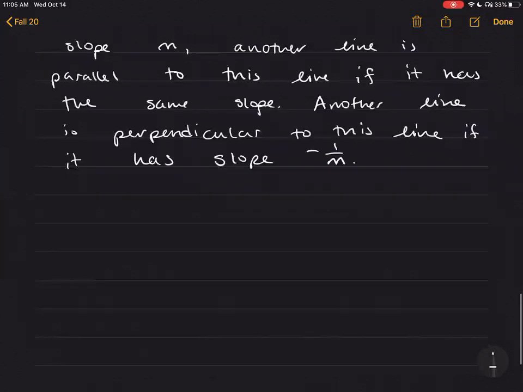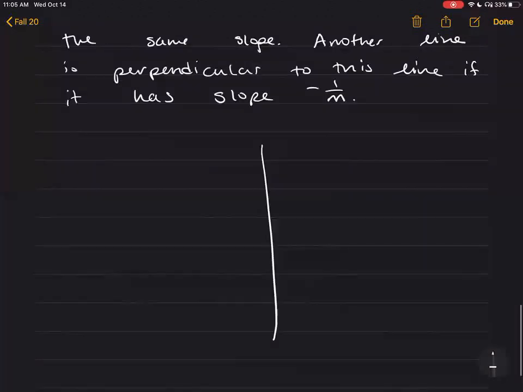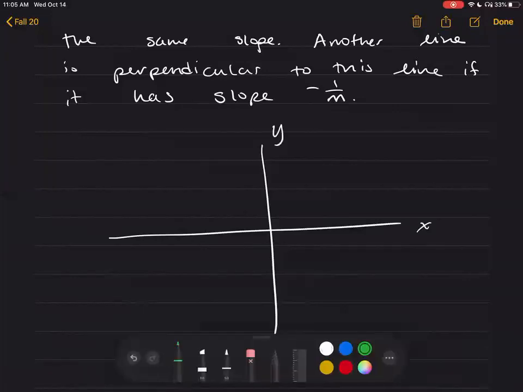To see this in drawings, if we have our coordinate grid and we draw some line, this green one here, then a parallel line would have the same slope. So the same tilt so that they never cross. Parallel lines, no matter how far out you go, never cross. So we want them to have the same slope. This one is parallel.